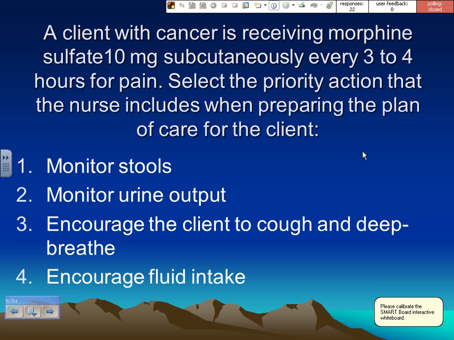So the client with cancer is receiving morphine 10 milligrams sub-Q every 3 to 4 hours for pain. Select the priority action the nurse includes when preparing the plan of care for the client. Monitor stools, monitor urine output, encourage the client to cough and deep breathe, encourage fluid intake.